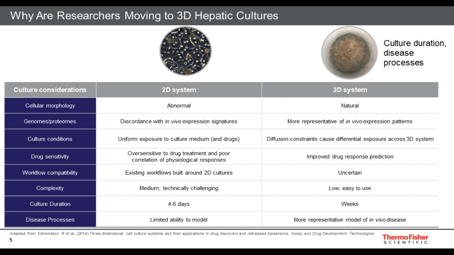One is that the physiological responsiveness of hepatocytes in 3D is much more robust than in 2D. The other is longevity. Most of you listening may know this or may not, but typically human primary hepatocytes, when plated ex vivo, don't last very long.